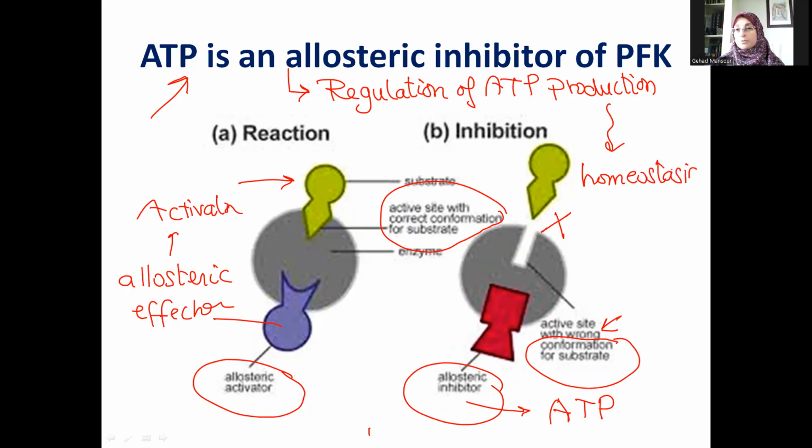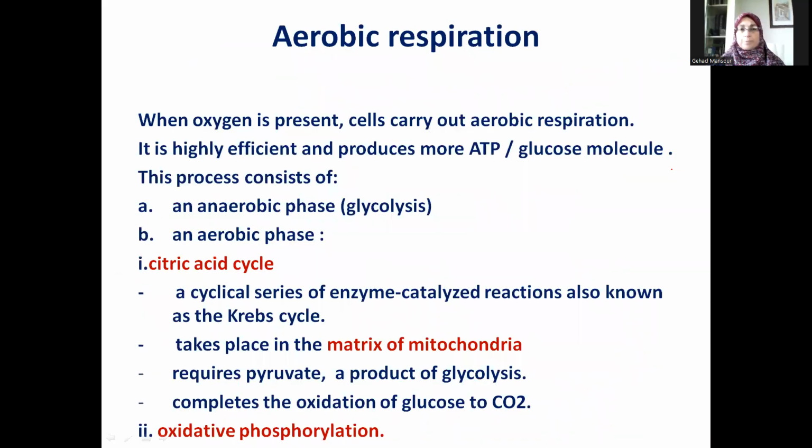Okay, this is a good example of allosteric regulation. This is a good example of regulation of ATP production by the cell, and this is also a good example of regulation or homeostasis in the body.